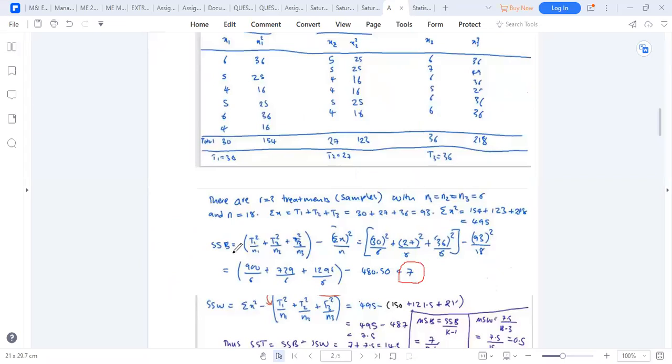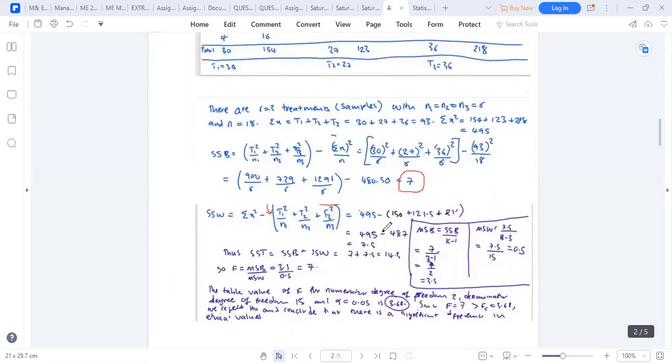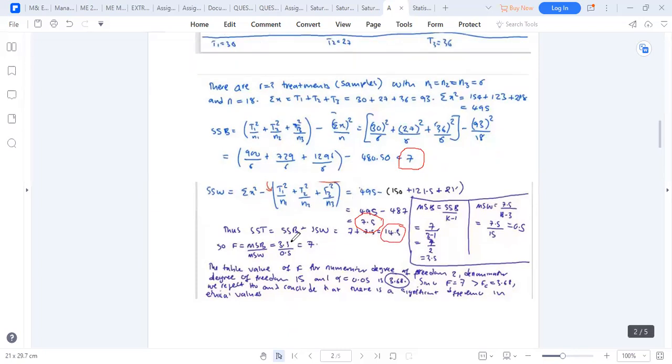So the sum of square between, we found 7, and the sum of square within, 7.5, and the sum of square total 14.5. When you put them in the table, it gives you the F calculated, which is 7.